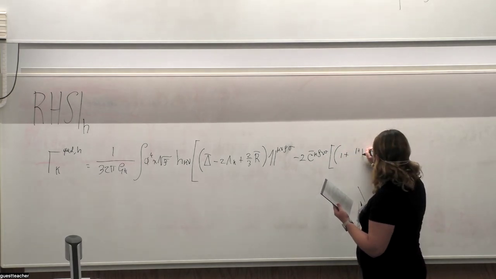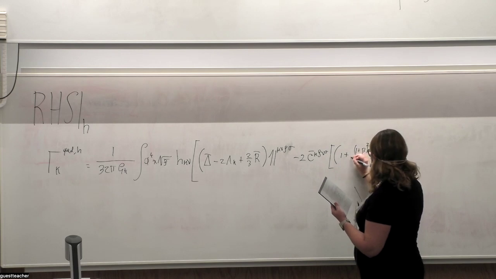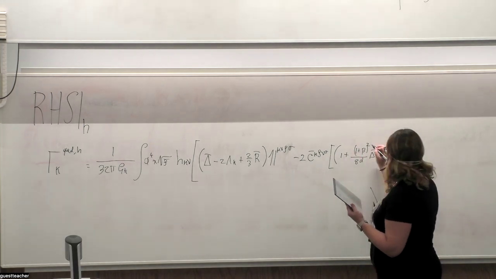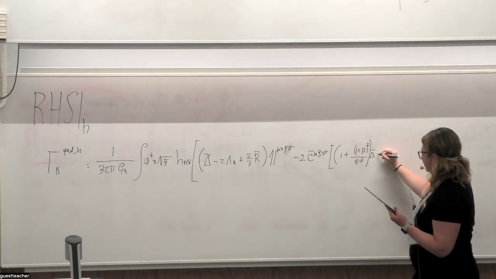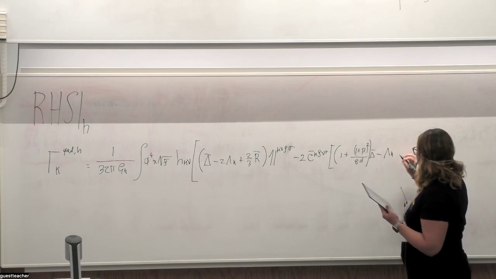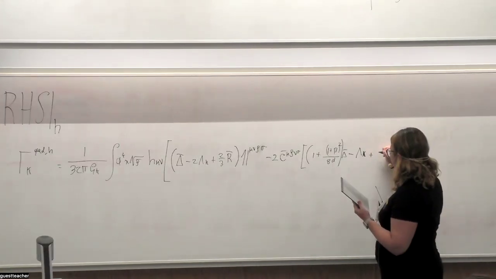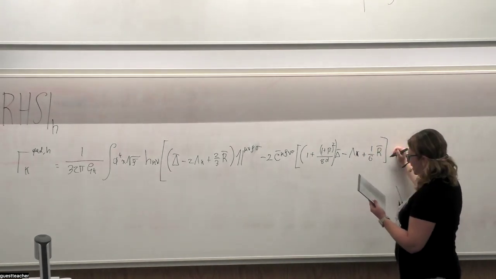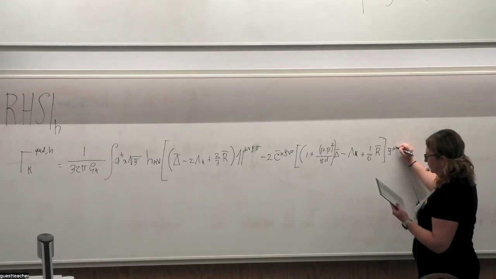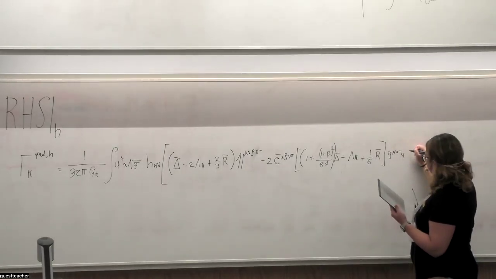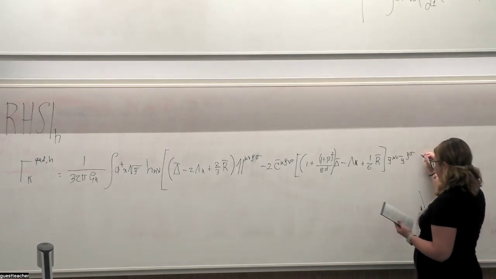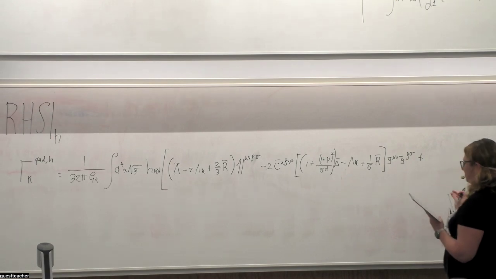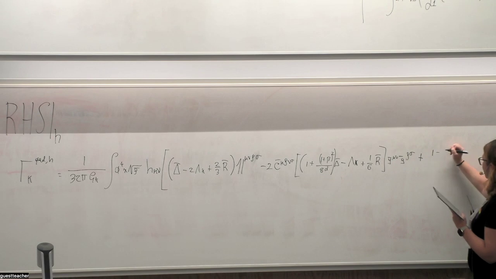So it has 1 plus beta squared over 8 alpha, Laplacian, background Laplacian, minus lambda k plus 1 over 6 R bar, and here we have on top some background matrix, rho and sigma. And then there is another part which has a slightly more complicated structure in terms of derivatives.